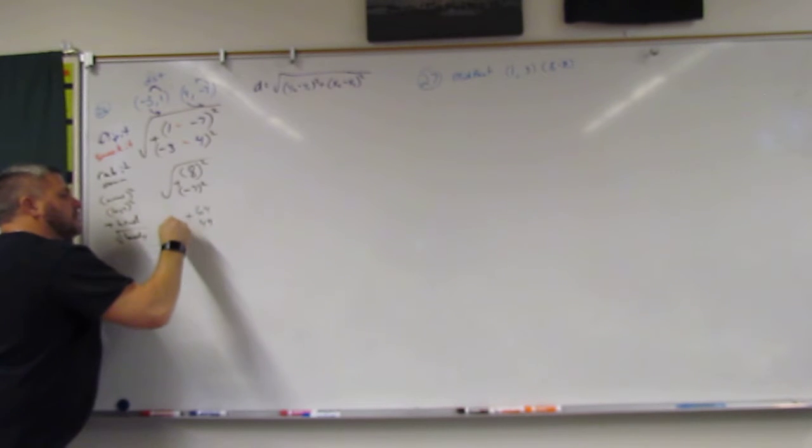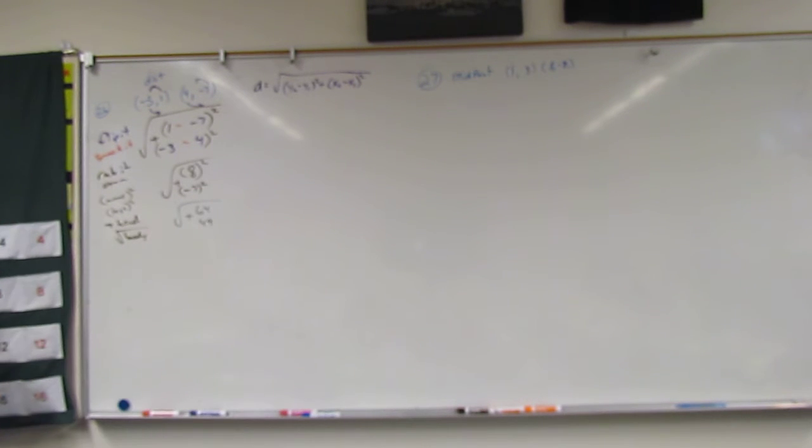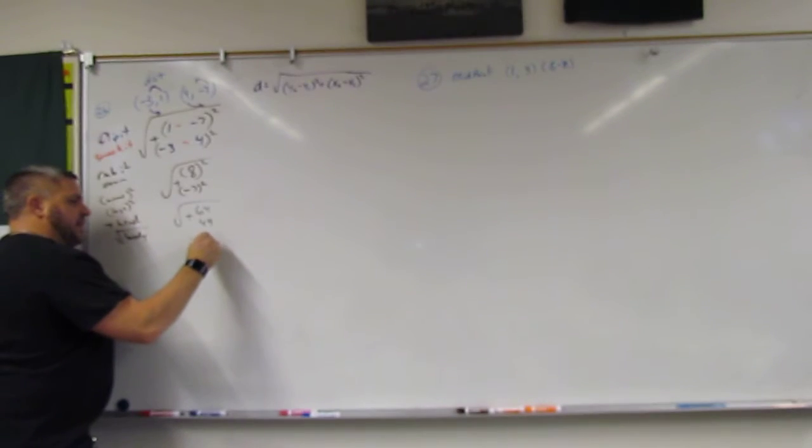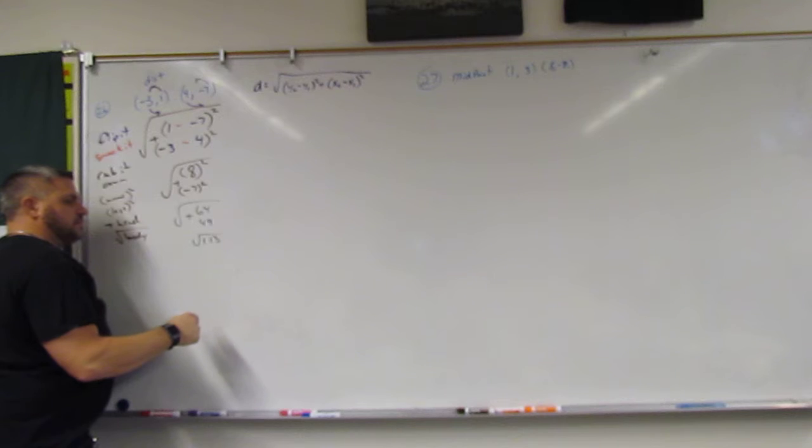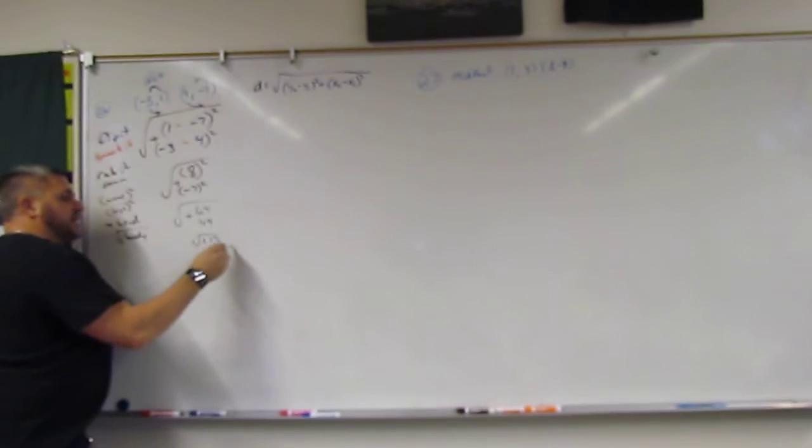Because even negative 7 is going to become positive. Negative times negative is a positive. So we're talking about 64 plus 49. And what is that? 113. And that's a prime number. So we're done.